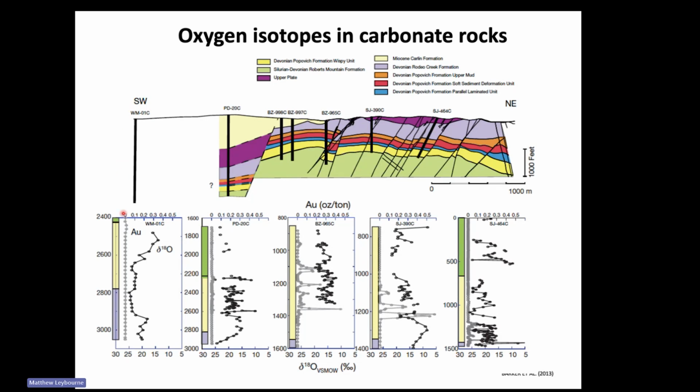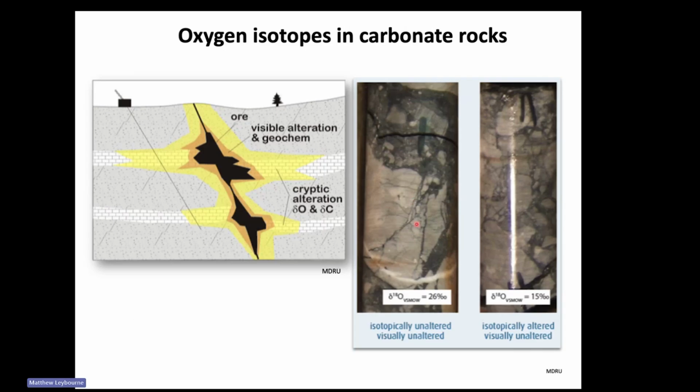you can see there's no gold. Gold is the lighter symbol and refers to the top axis. And for the oxygen isotope values, notice that the bottom value on the x-axis is going in reverse. So it's going from heavy to light. The oxygen isotopes are quite heavy, which is what we saw here, quite heavy for the unaltered.